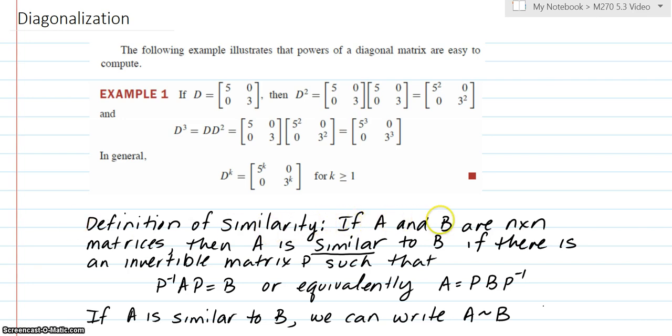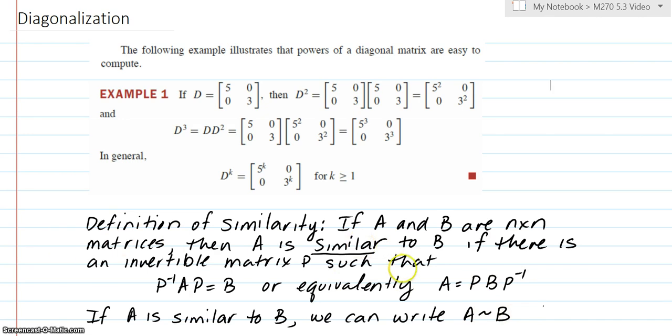If A and B are both n by n matrices, then A is similar to B if there is an invertible matrix P such that P inverse times A times P is equal to B, or equivalently, A equals P B P inverse. And by the way, if you have similarity, you can write A ~ B, which means A is similar to B.